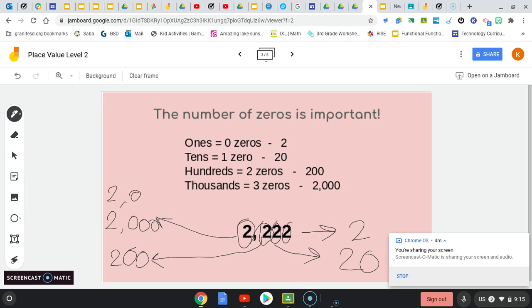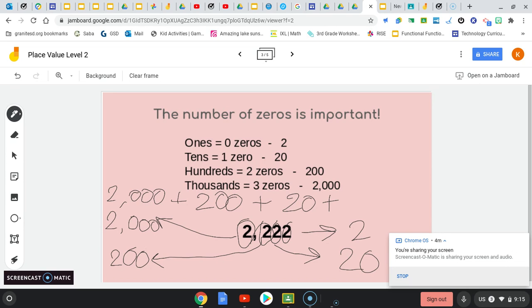Now, if I were to write this in expanded form, I'm going to start with 2,000. 2,222 in expanded form is 2,000 plus 200 plus 20, because the next digit is in the tens and represents 20.